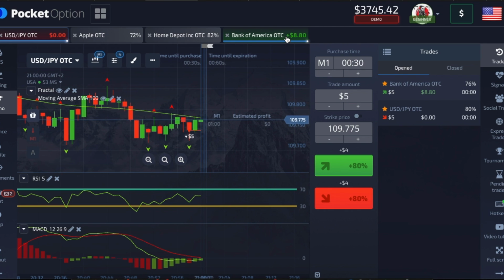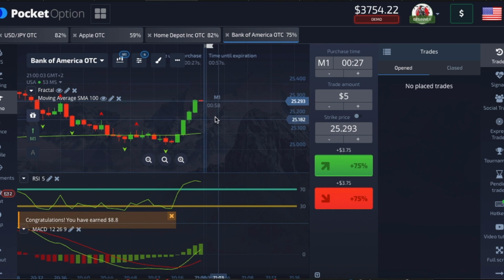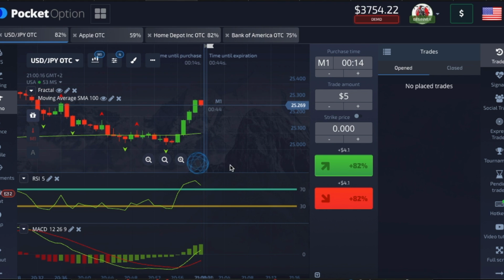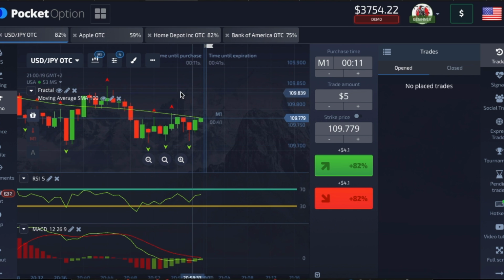All right, so this I probably wouldn't trade again on the USDJPY, only because it's so close to the moving average line. I try to trade it if it's all the way down or all the way up, but right now it's literally right in the line. So yeah, I'm probably not going to be trading USDJPY for the rest of the day.